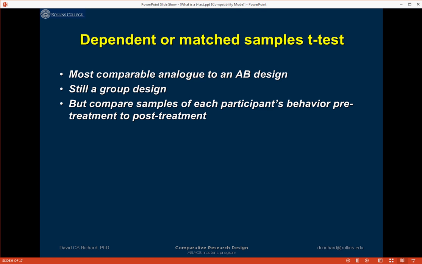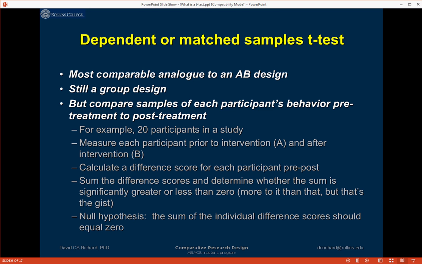But we create a new kind of score. It's called a D-score, or a difference score. We calculate that difference score for each participant, and it represents the difference in scores on the dependent variable between pre-test and post-test. We then sum those difference scores across all participants and determine whether that sum is significantly greater or less than 0.